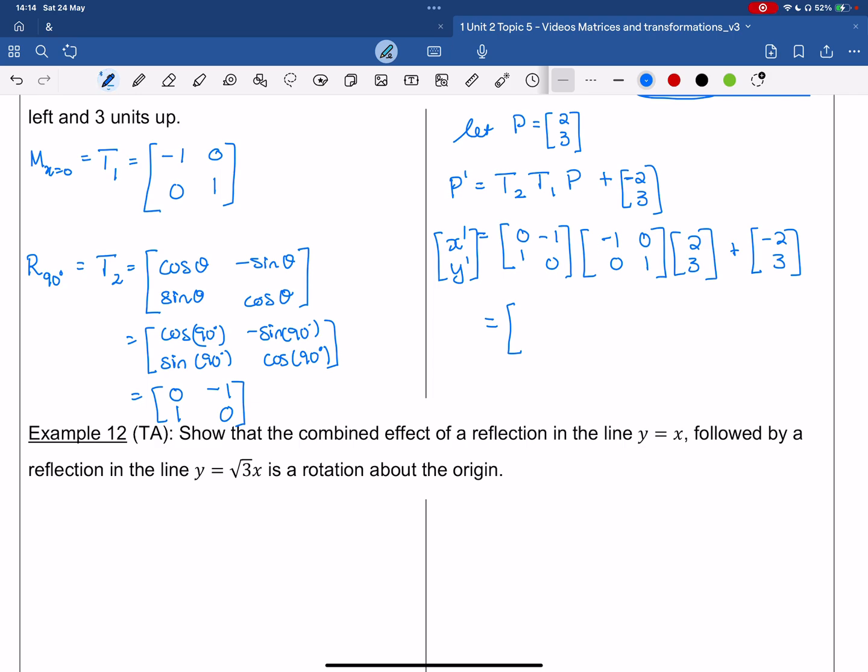So we've got (0, -1, -1, 0) multiplied by (2, 3), plus (-2, 3), and that's then going to multiply those in, and so we're going to get (-3, -2), plus (-2, 3), and that gives me (-5, 1).